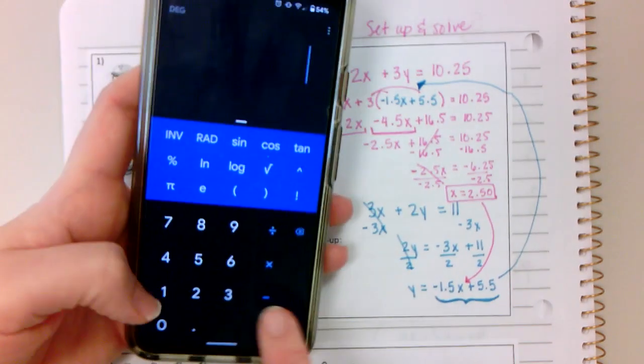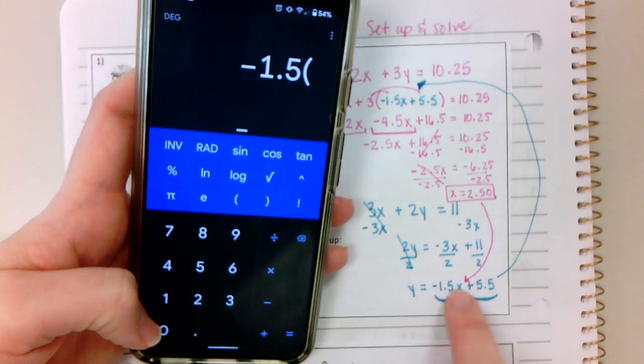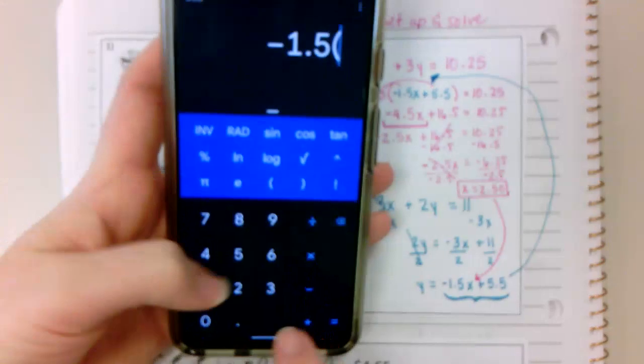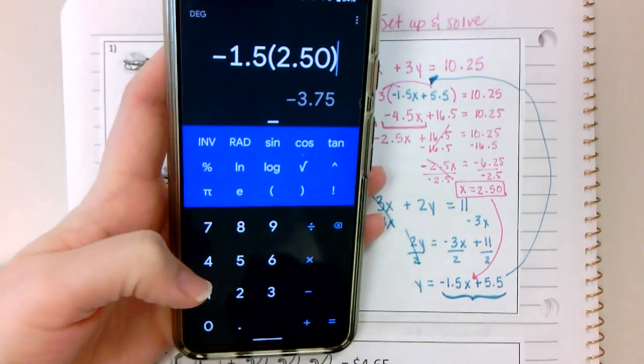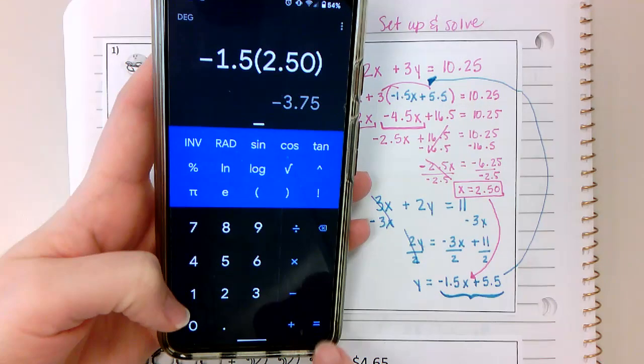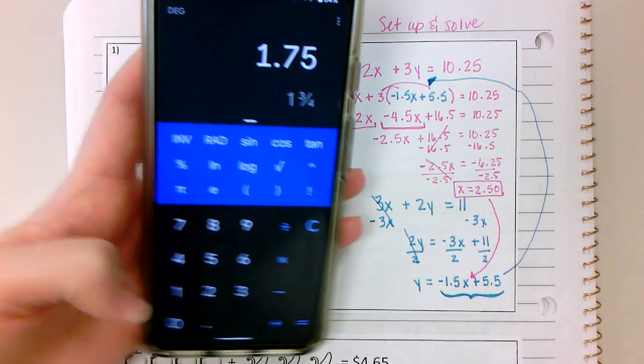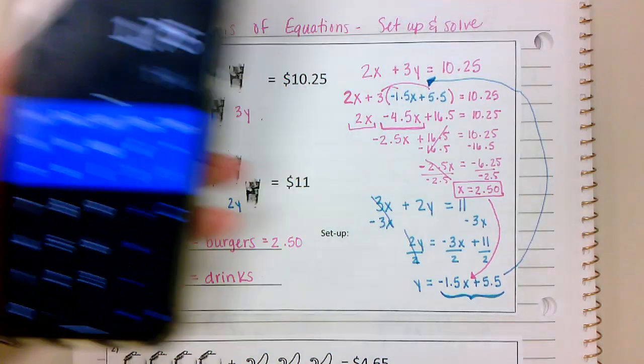I'm just going to type this whole thing in, negative 1.5 times what our x is. Sorry about the light. And we just solved that our x was $2.50. And then add 5.50. That means our drinks are $1.75.